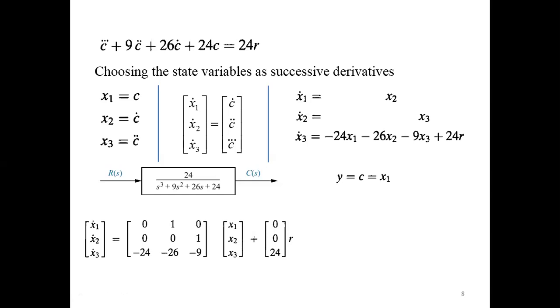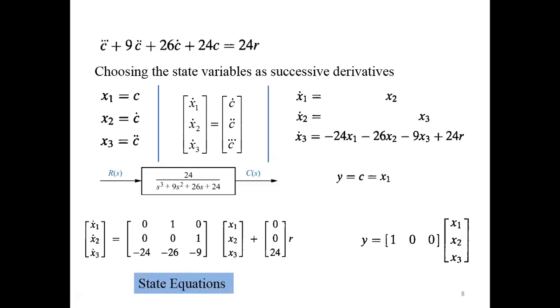So this is the representation of this transfer function in state space, and the output will be equal to only x1, as output y is equal to c, which is equal to x1. So here we have used only x1. These are the state equations. This is the output equation.